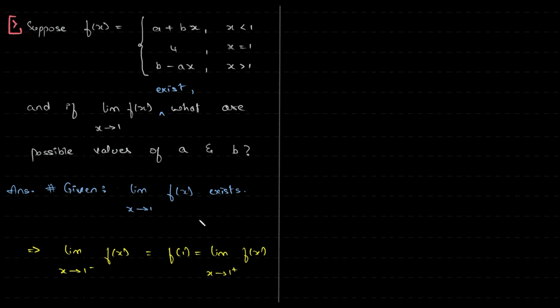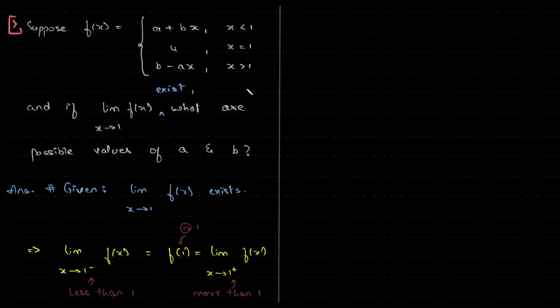Now all I have to do is substitute. That's it. So this is less than 1, this is at 1, and this is more than 1. So accordingly we have to choose the expressions.